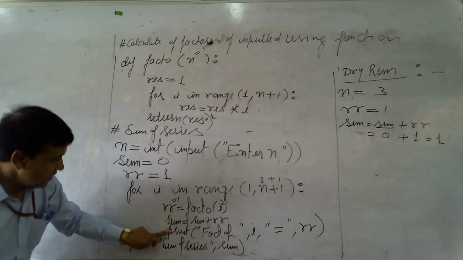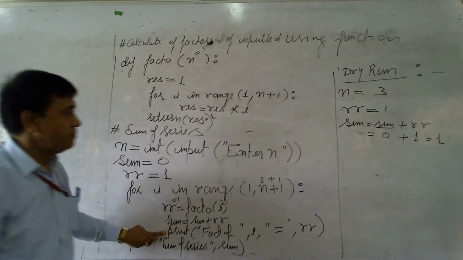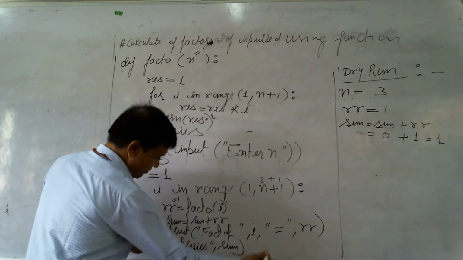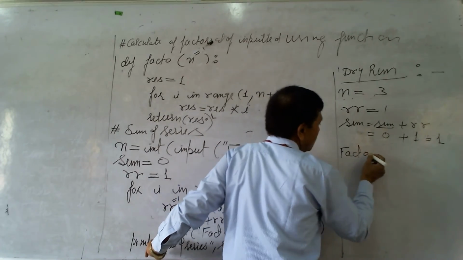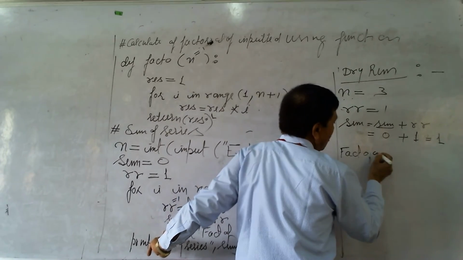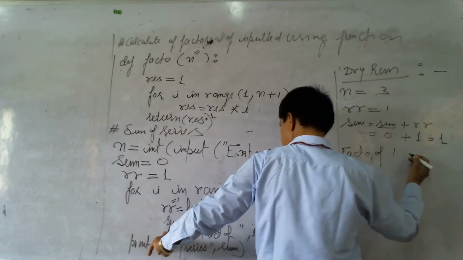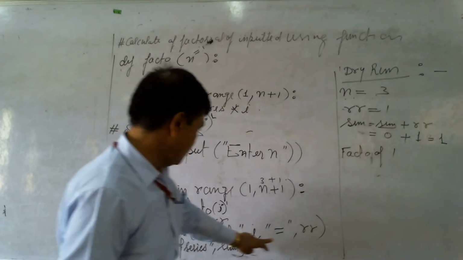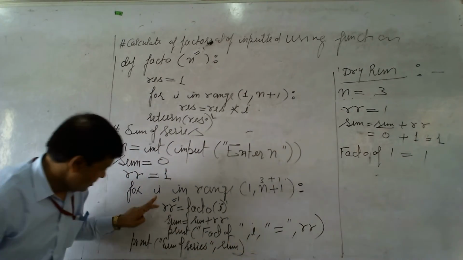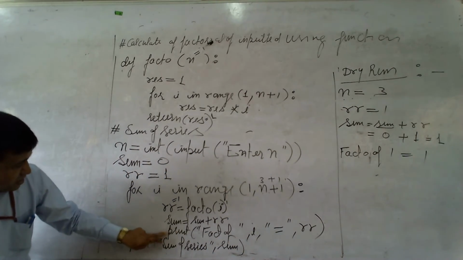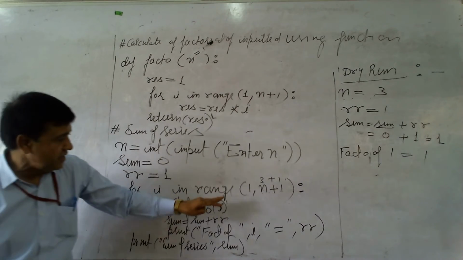Fine. Print. This statement will print here. Now this statement will execute, factorial of 1 equal to 1. Fine. Now after executing this statement, the for loop will repeat again.